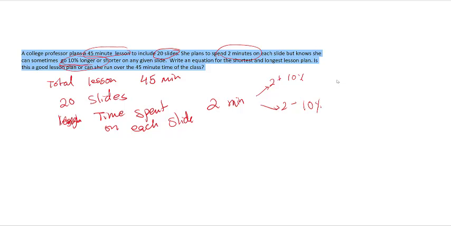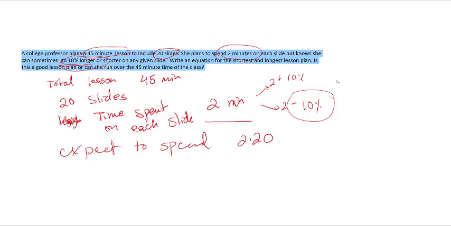And so how do we do this? Well, again, we're going to have to figure out what our 10% is, right? And what we probably should do is look at 10% of the total time, right? So if we spend 2 minutes on each one, we expect to spend 2 times 20 minutes, right?